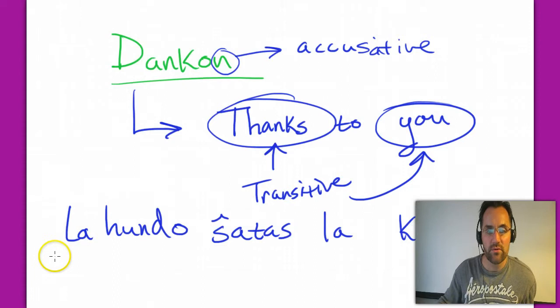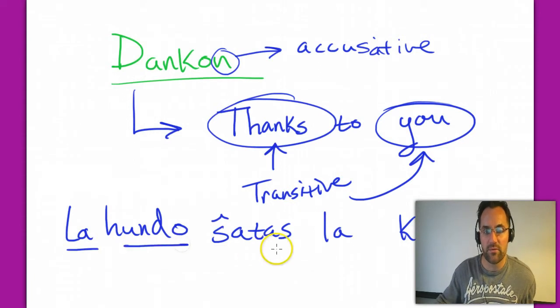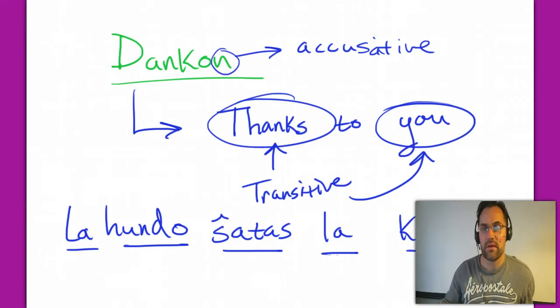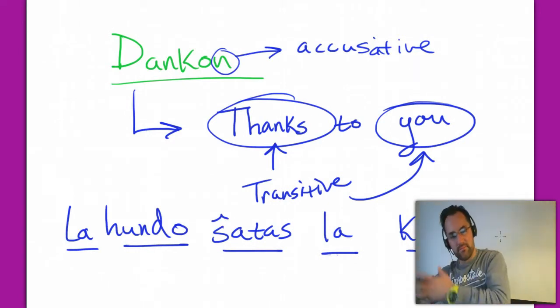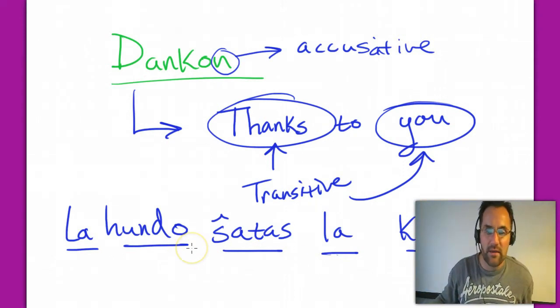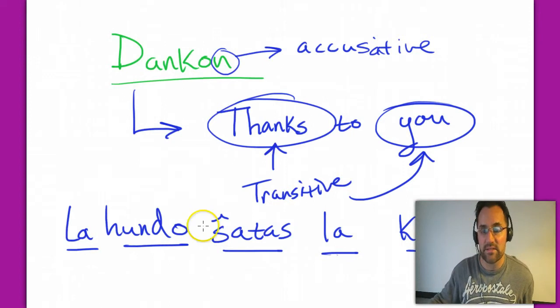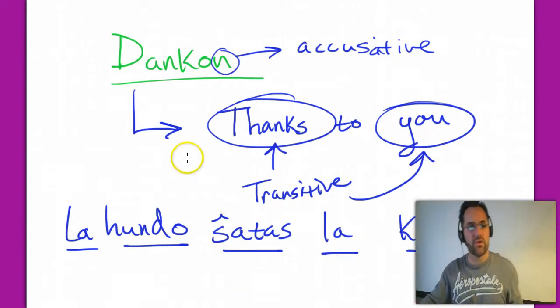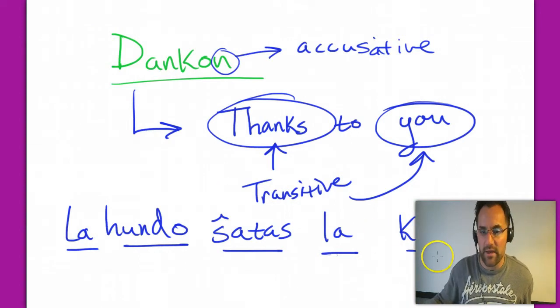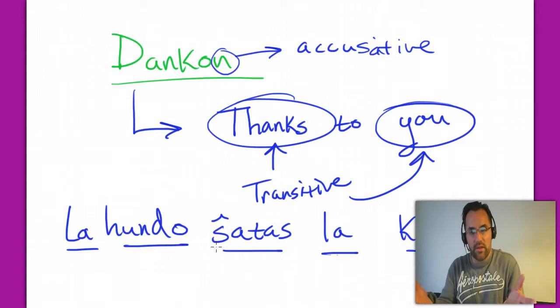La hundo, the hound or dog, likes the boy. Okay, so now if this sentence were, let's say, much longer, you may become confused about what's going on, or you may think that it says the boy likes the dog. Depending on how language is structured within your native tongue, you may assume that this translates to the boy likes the dog.